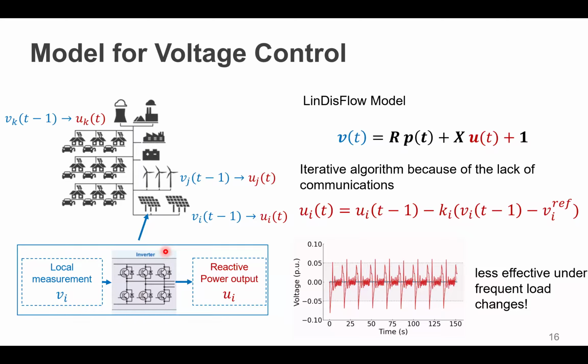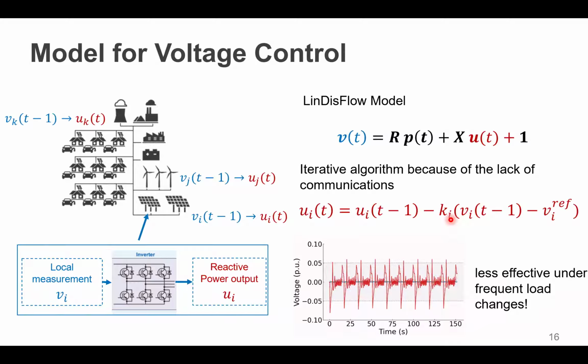Because for the distribution system we may not have wide-area communication capability, we consider a local controller that regulates the set point for the reactive power from these inverter-based resources based on the local measurement of the voltage deviation. One commonly utilized controller in the literature iteratively updates the control action based on the voltage deviation from its reference value in each time step. And here Ki is a linear control gain.